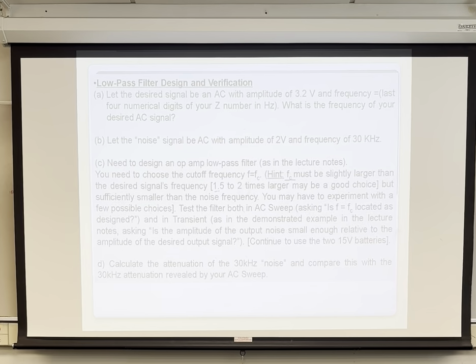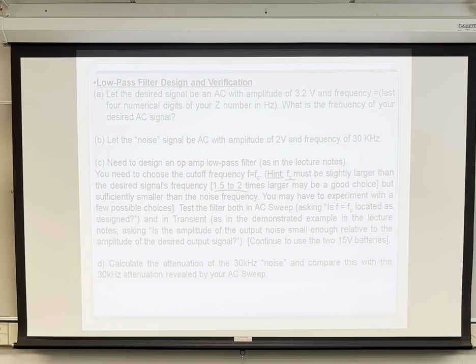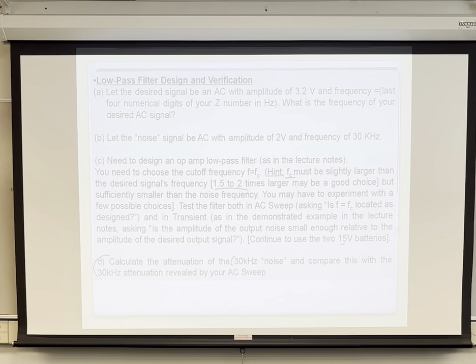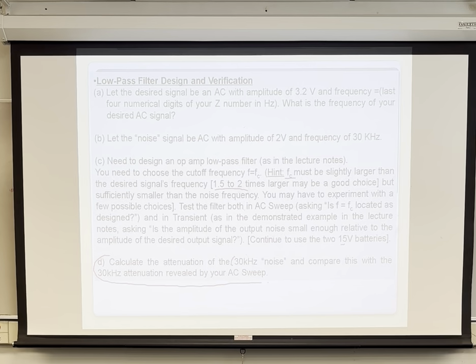It can be 1.5 to 2 times larger than your desired frequency. Use two 15-volt batteries and calculate the attenuation of the 30 kilohertz noise and compare this with the 30 kilohertz attenuation revealed by your AC sweep. Everyone follows what this is asking for? Is this actually in the homework assignment?